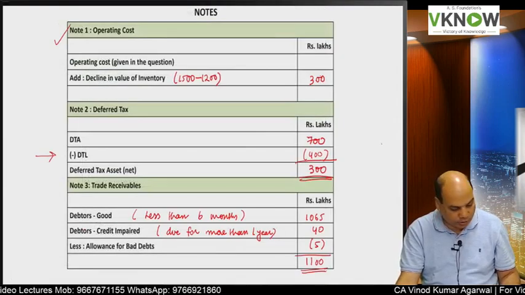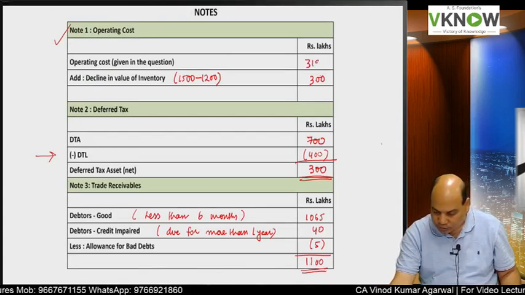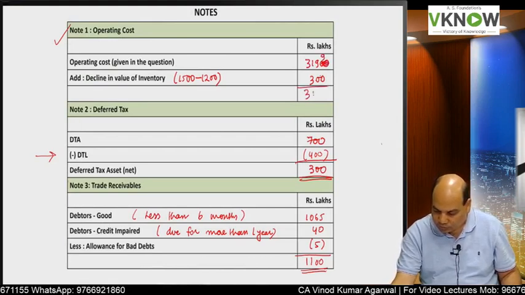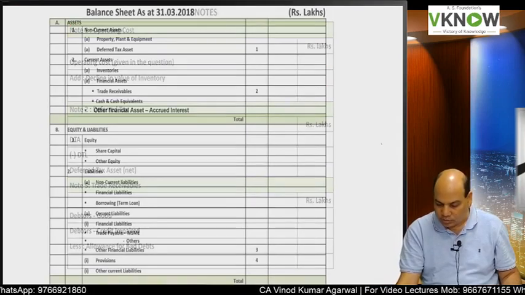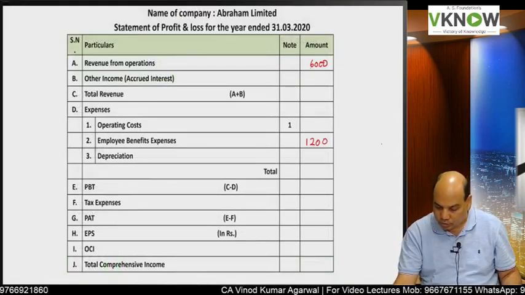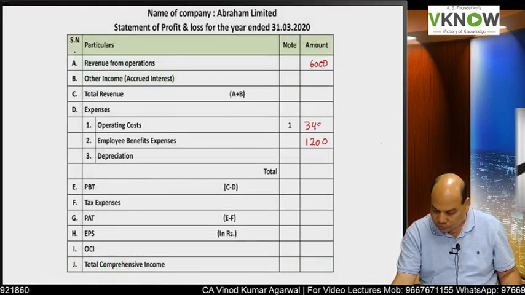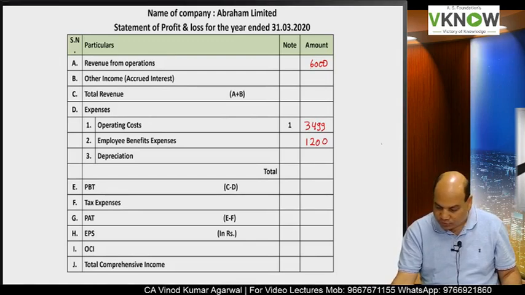Note number 1, operating cost given in the question 3199 plus 300, 3499. Is it 3499? So I'll just put it in the P&L account. Operating cost 3499. Agreed. Then depreciation, no adjustment, 450.